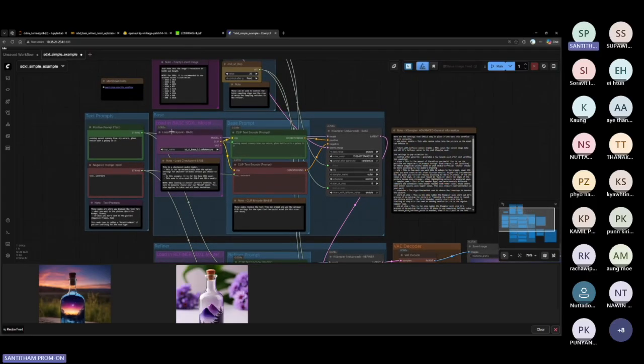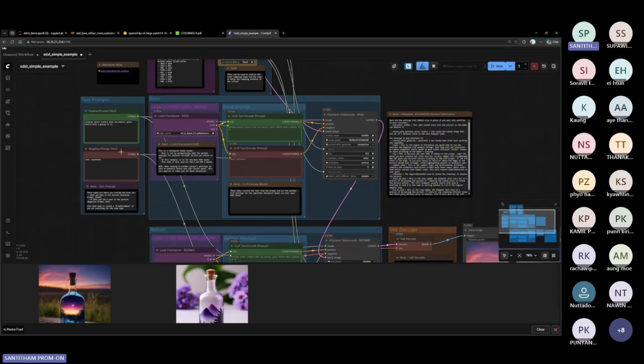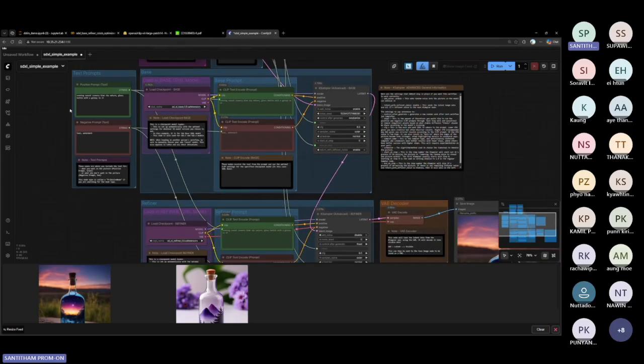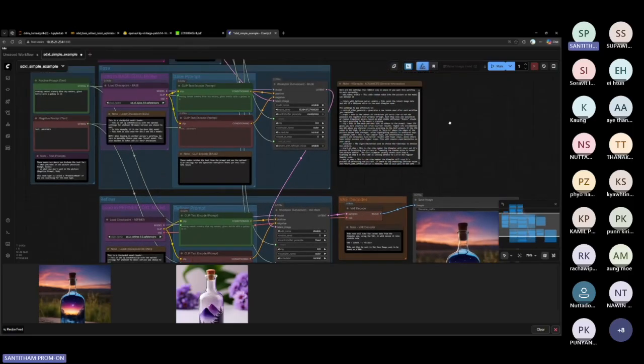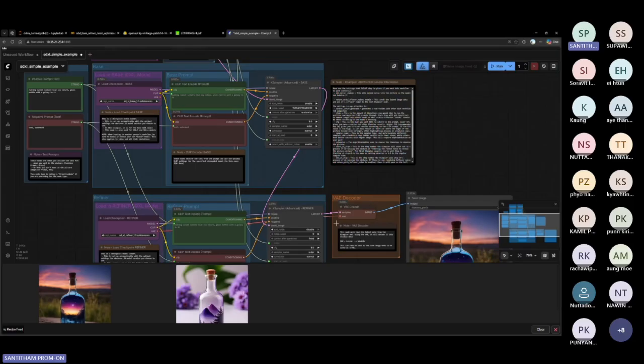You have the load checkpoint, which loads the model. You have the clip encoder, positive and negative. The prompt is put to the clip text encoder, which is then put to the sampler. Okay, denoising. And then you have the refiner, load the refiner model, and this adds from the same one. Okay. And you got the VAE at the end.